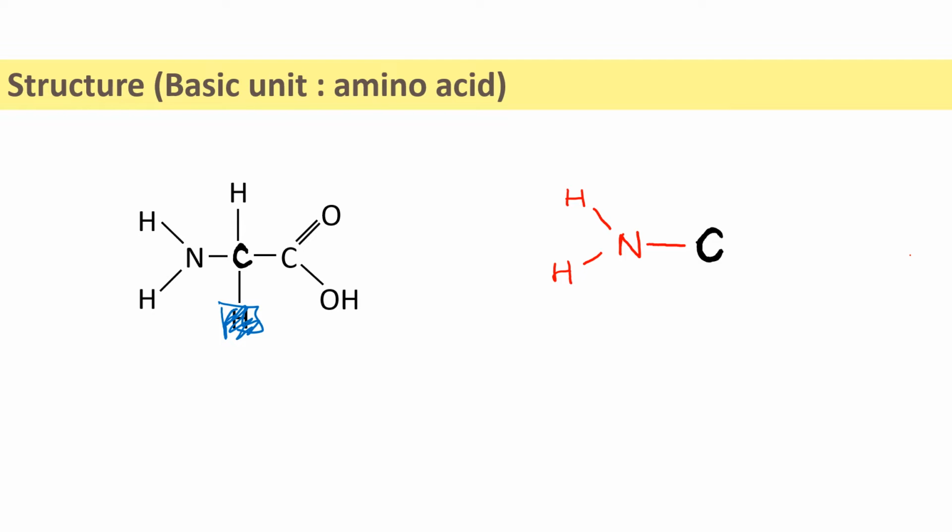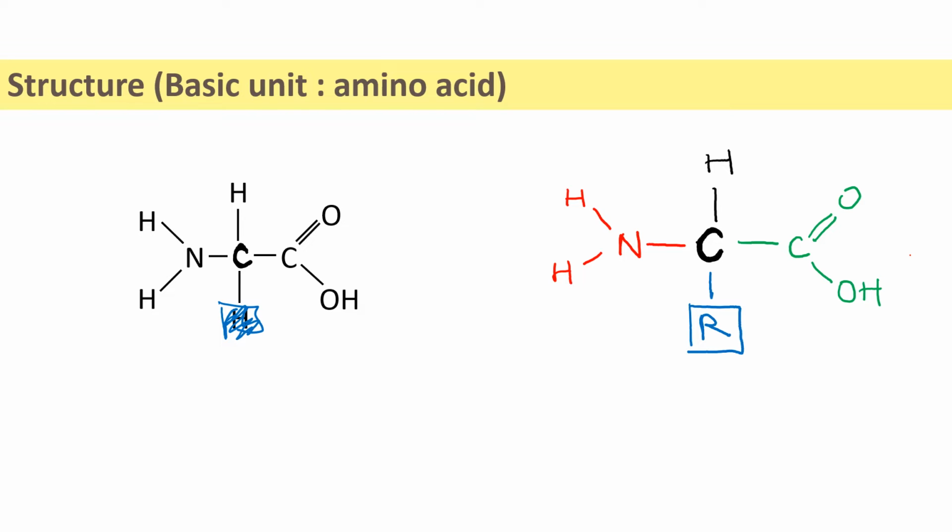On the right hand side is another special group, the COOH. Then there is always a hydrogen on one side, and there is a side group that may change among different amino acids, and we call this R, the R group.